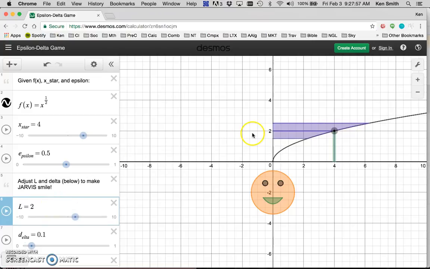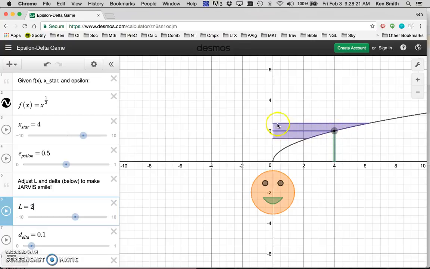And you will see if you look over here at this graph, we have the square root function being graphed, and here is my x value of 4, my y value of 2, and there's some type of epsilon here. Epsilon is 0.5, so we've gone up a half from 2 to 2.5 and down a half to 1.5.